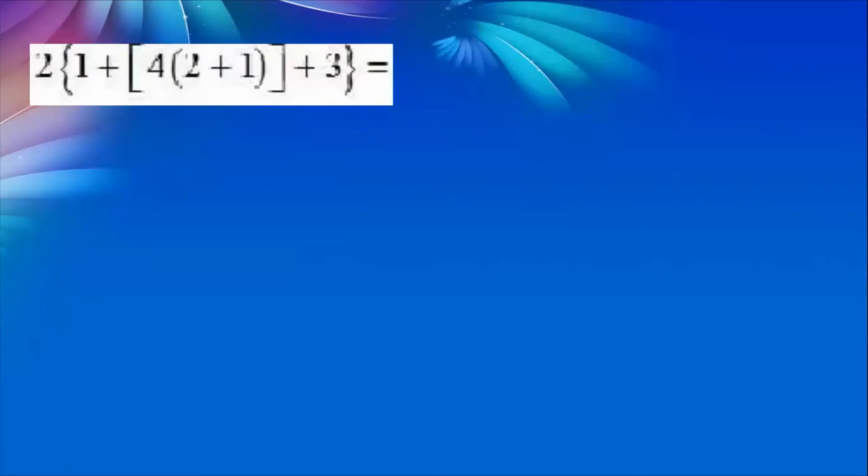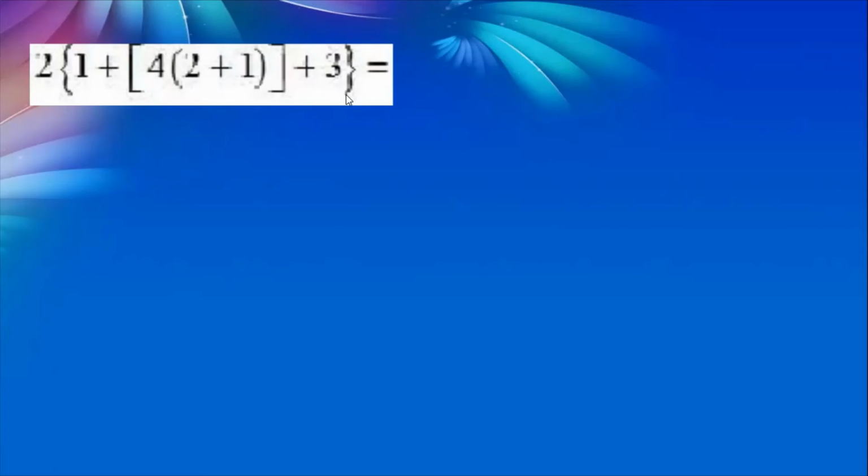Okay, let's proceed to another example. We have here 2 plus 1 plus 4 times 2 plus 1 plus 3. As we can see in our example, we are dealing with parentheses, and at the same time, it is enclosed by what we call a bracket.